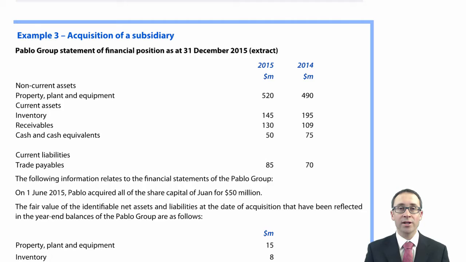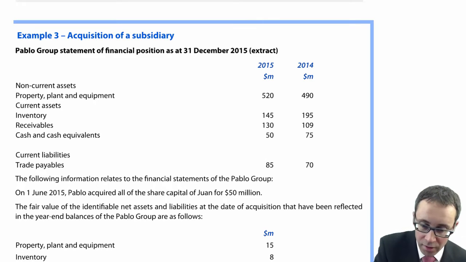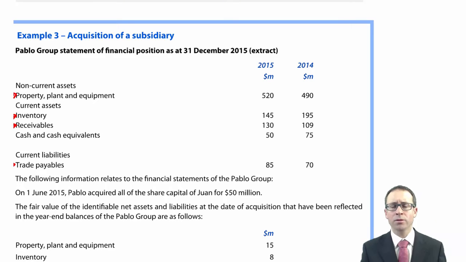You've got the statement of financial position. So we've got property, plant and equipment, inventory, receivables, and some payables that we need to look at the movement in. Obviously the cash is the figure at the bottom, and we're not too worried about that there.